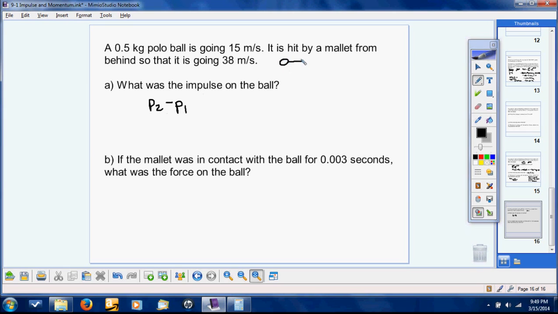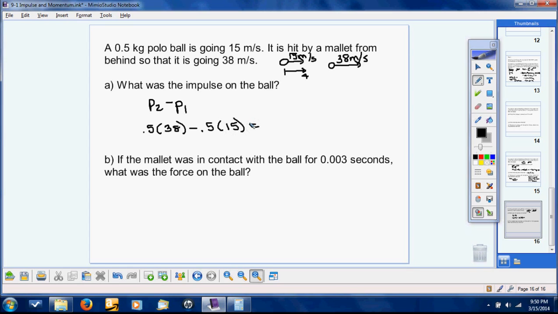In this case, we have the initial condition is 15 meters per second. If we set this direction to be positive, later on, it's going 38 meters per second. And so the later condition would be 0.5 times 38, and the earlier condition 0.5 times 15.